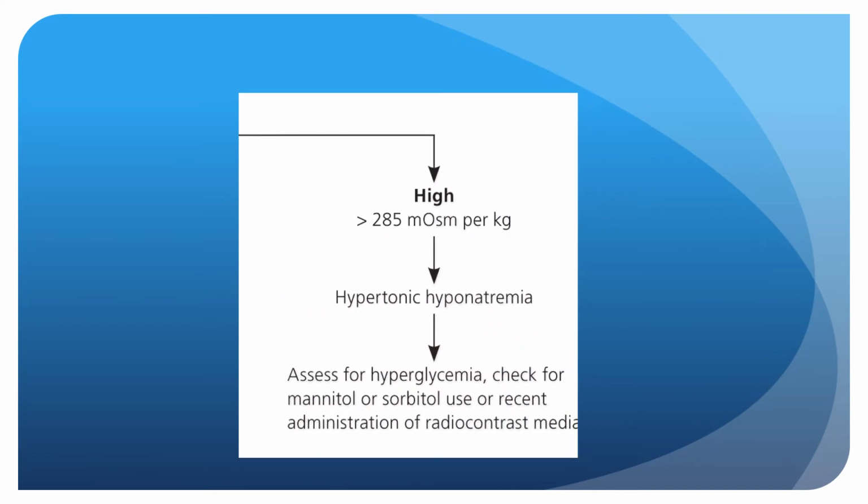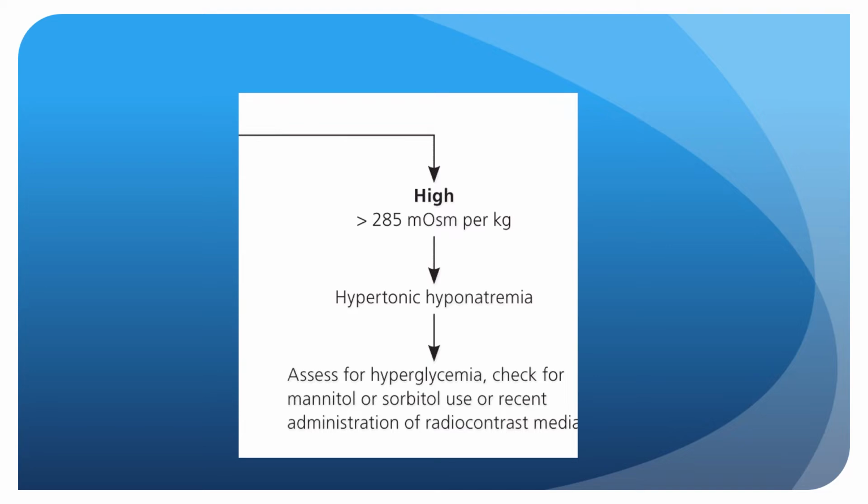If the osmolality is high, it means another effective osmole is causing the hypertonicity, such as glucose, mannitol, sorbitol, or radiocontrast dye. Glucose is the number one cause. Glucose excess causes water to shift from the cell to the extracellular space, which causes hyponatremia.